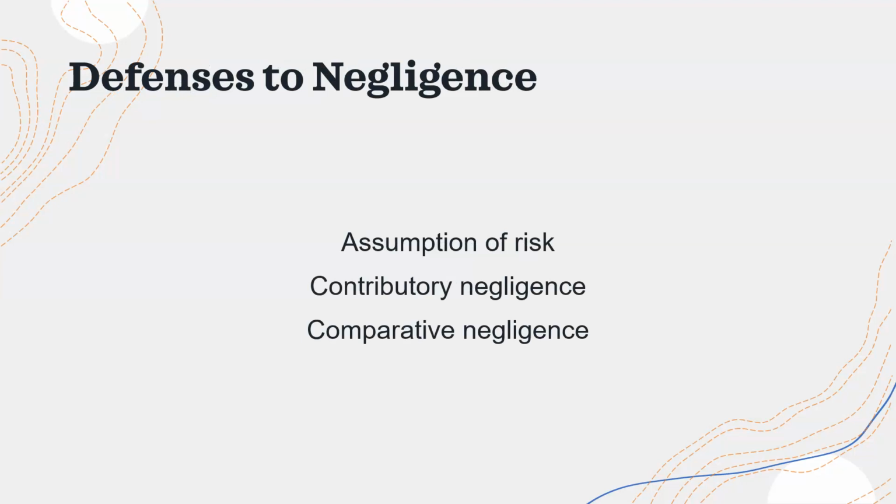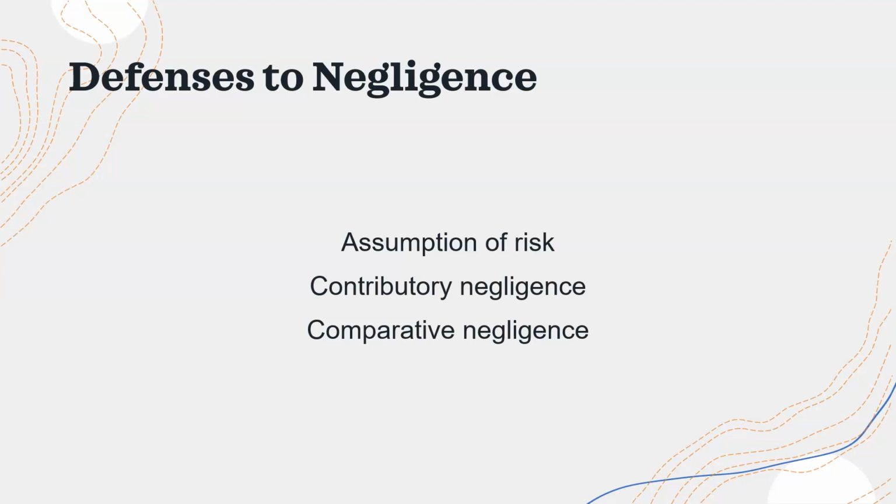Now, simply because there have been allegations of negligence does not mean that liability automatically will be imposed. There are defenses, and I don't want there to be any confusion here, because I often find that students will recognize that when there have been the four elements established, there will be automatic liability imposed.